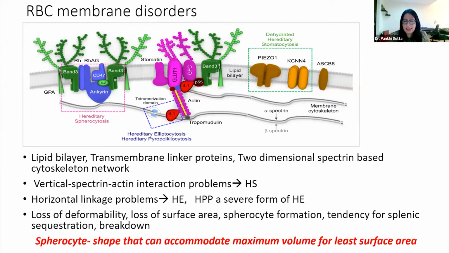Now, why do the cells take a spheroidal shape? Actually, in all these disorders, because of the changes in the RBC membrane, the RBCs become less deformable. RBC in its span of 100 to 120 days has to traverse through many areas, especially the spleen.